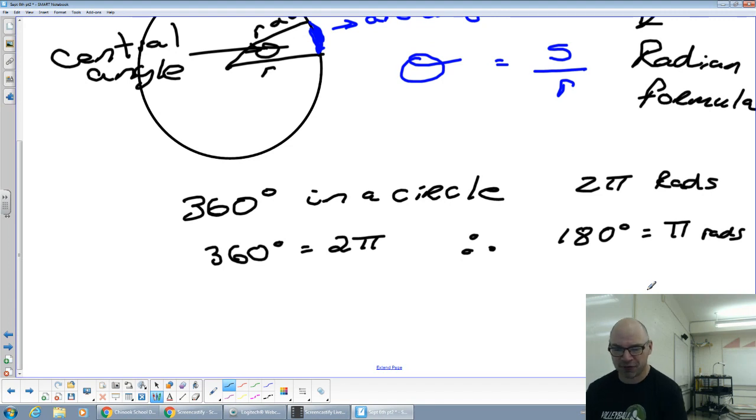So that brings us to our first objective of the day, and that's how to convert from radians to degrees or degrees to radians. Sometimes, especially in Pre-Calc 30, they'll want you to leave the pi there because pi is an exact expression.